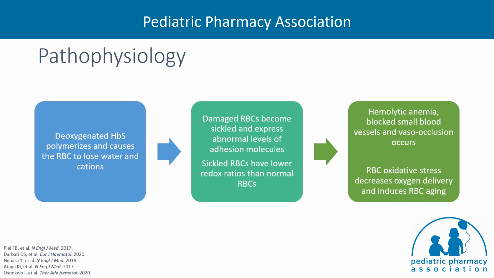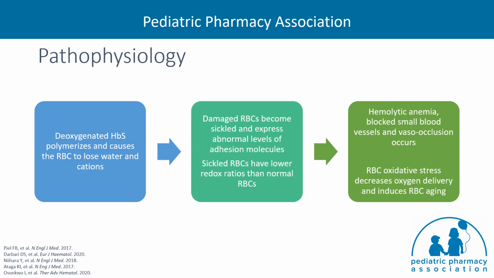Those sickled red blood cells have lower redox ratios than normal red blood cells, and this is ultimately all going to lead to hemolytic anemia, blocked small blood vessels, and vaso-occlusion. The red blood cell oxidative stress will also decrease oxygen delivery and induce red blood cell aging.